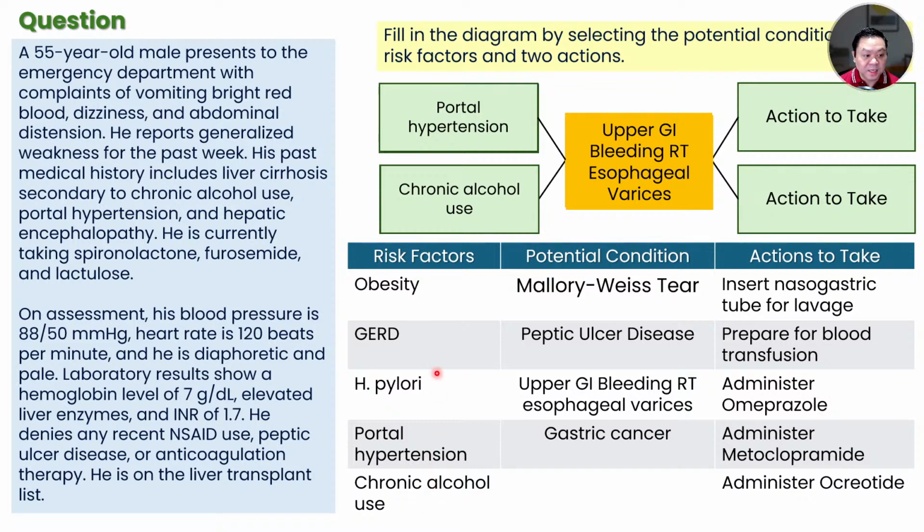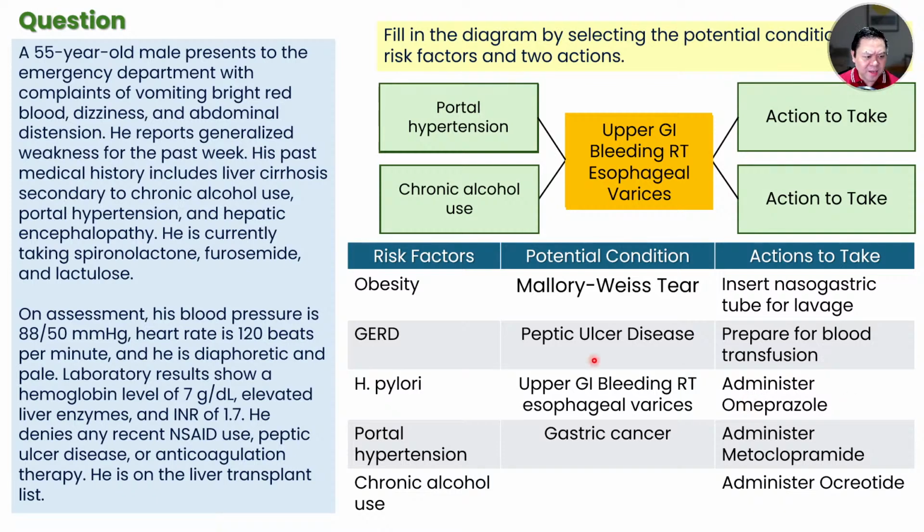Now, for the other options, we have GERD. We know that GERD can cause esophagitis, right? But it does not lead to esophageal varices. That condition involves the lower esophagus, but it is unrelated to portal hypertension or to variceal formation.